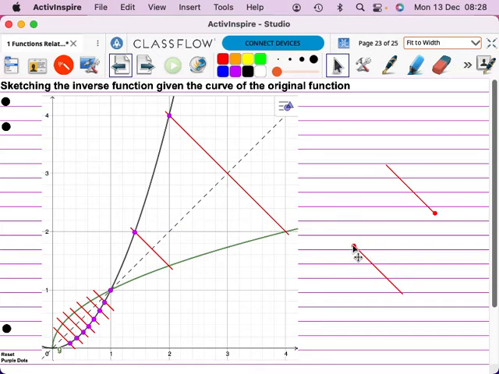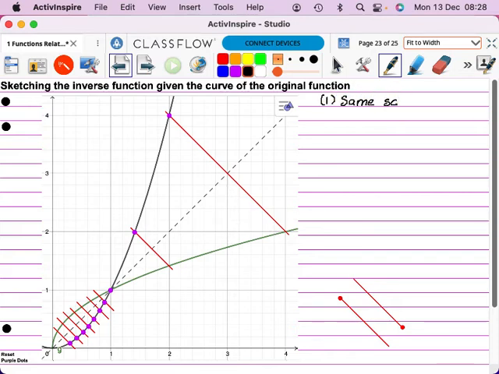Now, let's write down a quick summary of the process. What was the first thing we did? We made sure that the X and Y axes have the same scale. So number one, you must make sure that there is the same scale on the X and Y axes. Number two, draw the line y equals x.